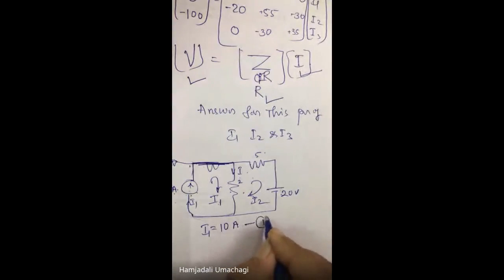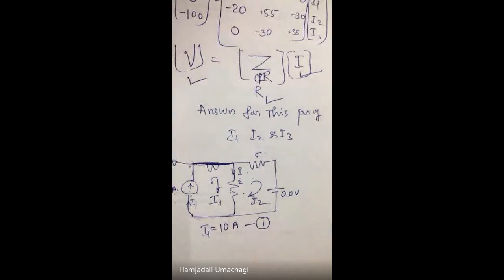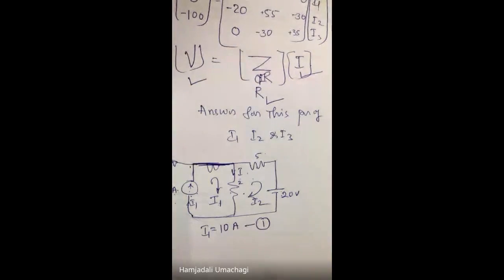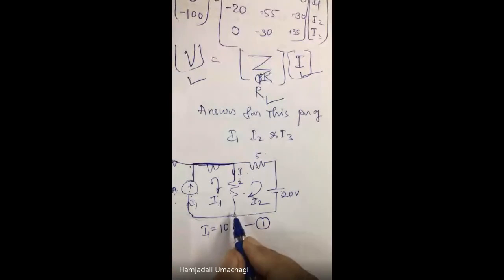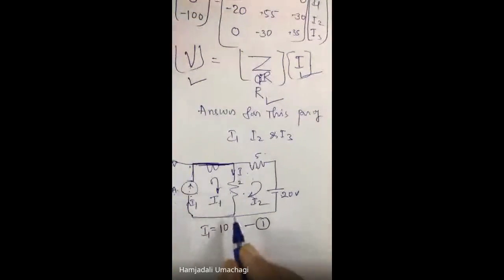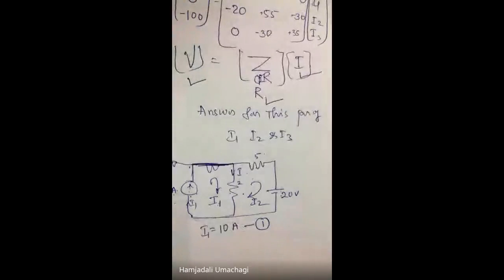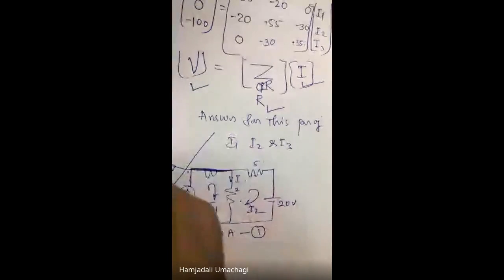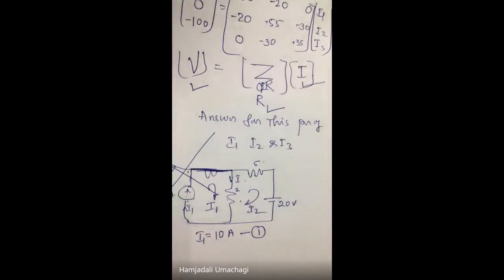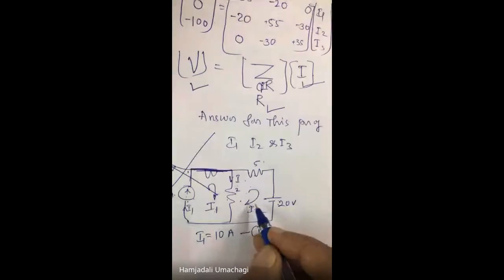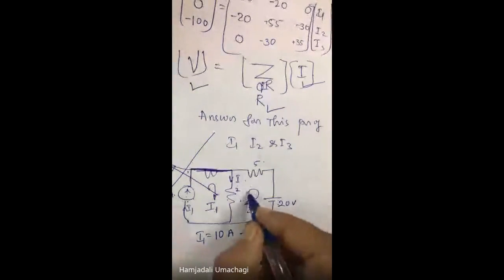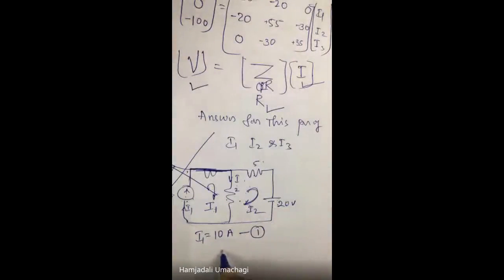Call it equation 1. Okay. Now see here, already you have got the answer for the first loop current. Then no need to apply KVL for this loop. You have to apply KVL only for this loop. What will be the KVL for this loop? Again, I am moving in a clockwise direction. Minus 5I2.